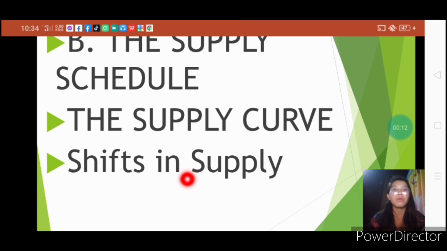When there are changes in factors other than a good's own price that affect the quantity supplied, we call this a shift in supply. Supply increases or decreases when the amount supplied increases or decreases at each market price. So, in short, a shift in supply means there is a change in the quantity supplied at every price.